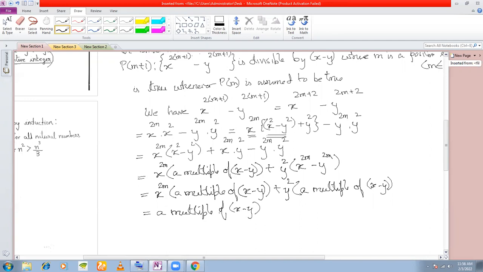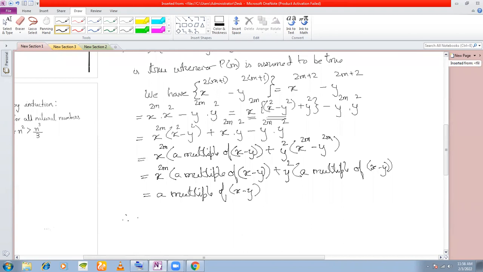That means x to the power of 2m, what can we say? If this is a multiple of x minus y, therefore x to the power of 2m plus 1 minus y to the power of 2m plus 1 is divisible by x minus y, right?